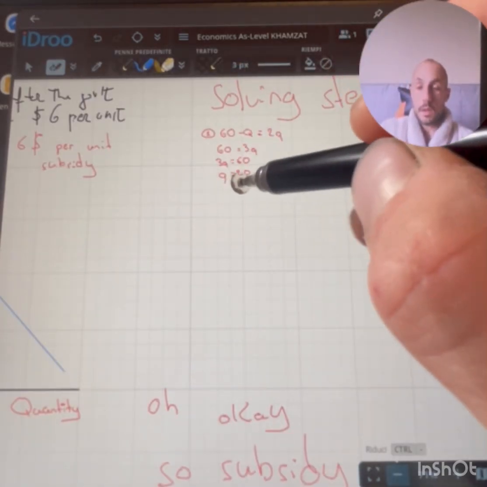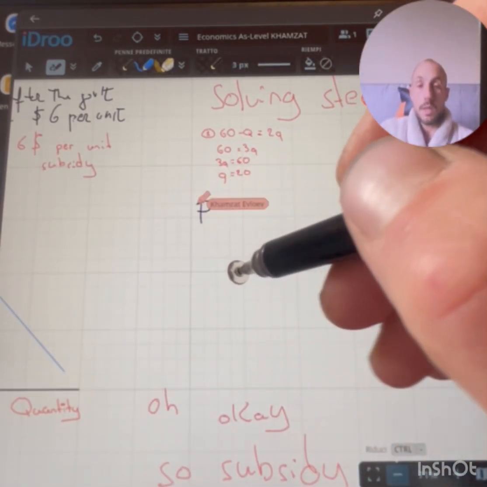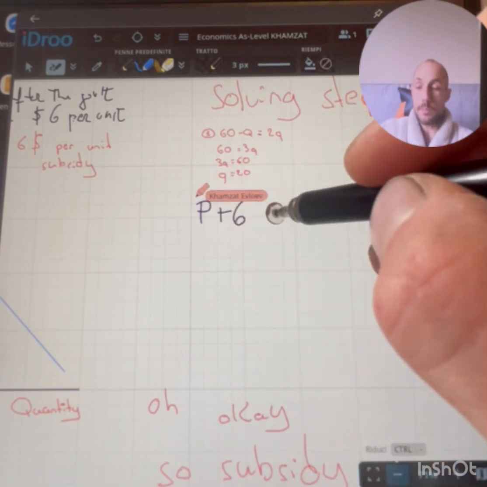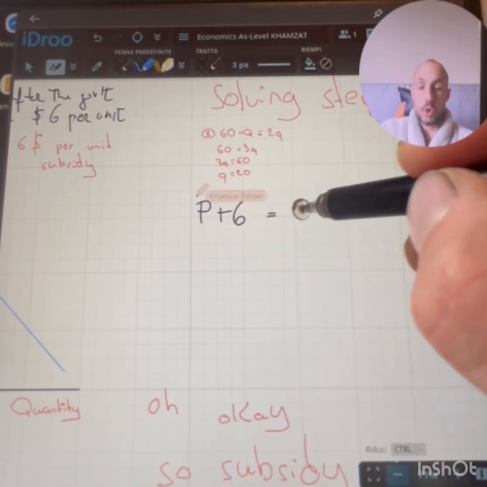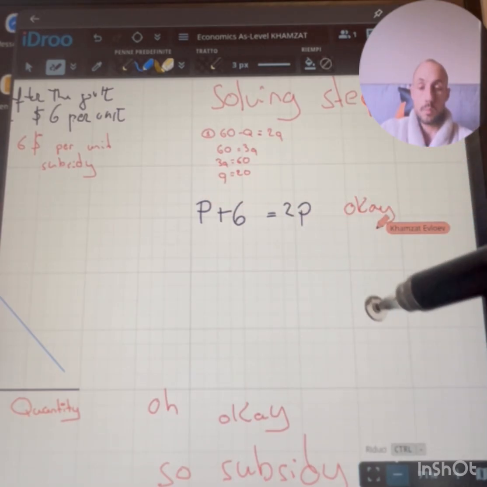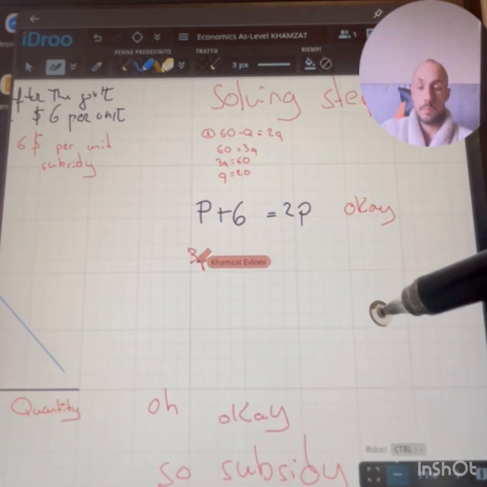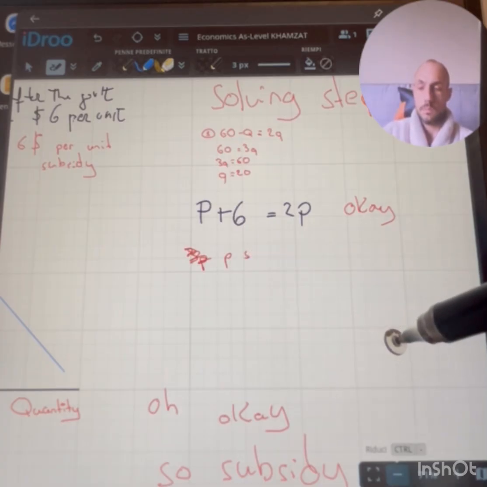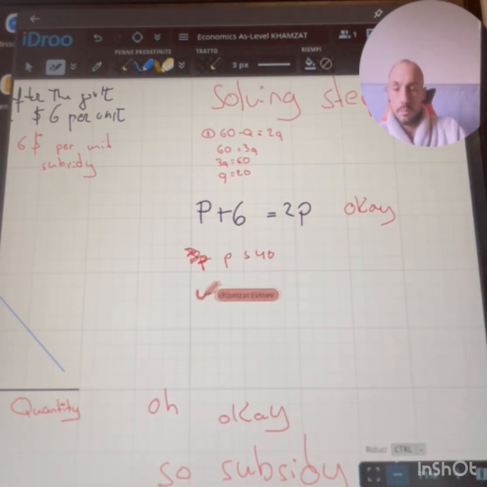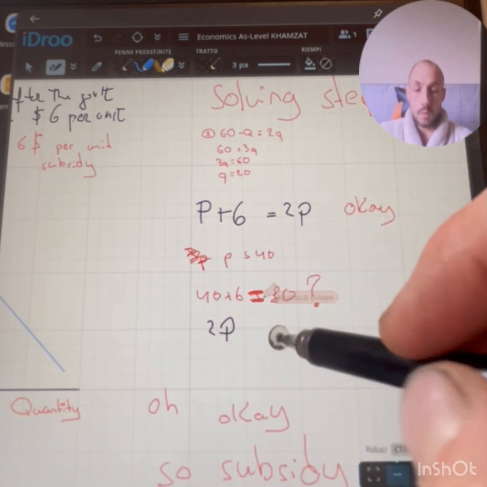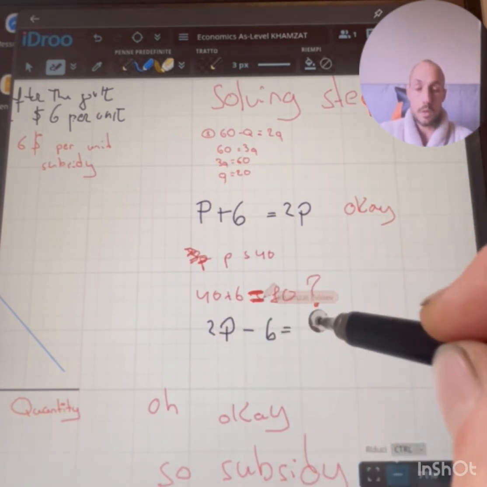So, since the subsidy increases the available price, we have P plus 6 equals 2Q. Well, 2Q minus 6 equals 6.